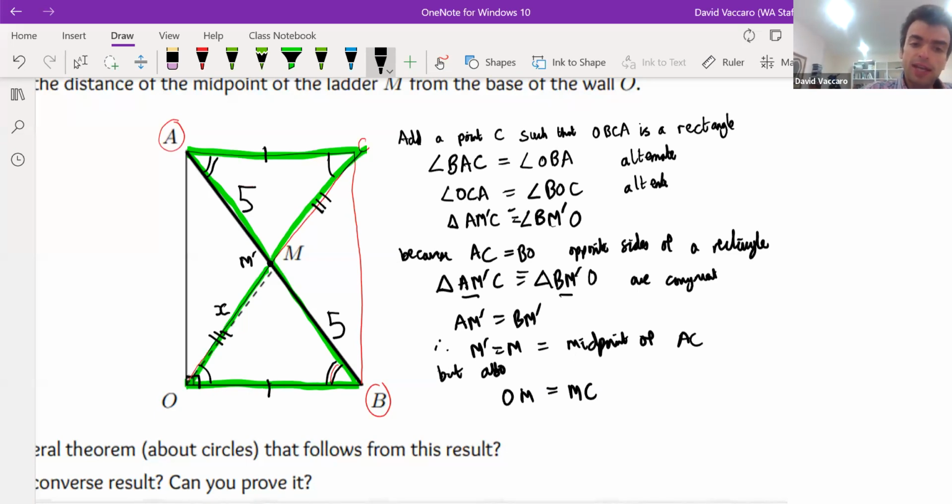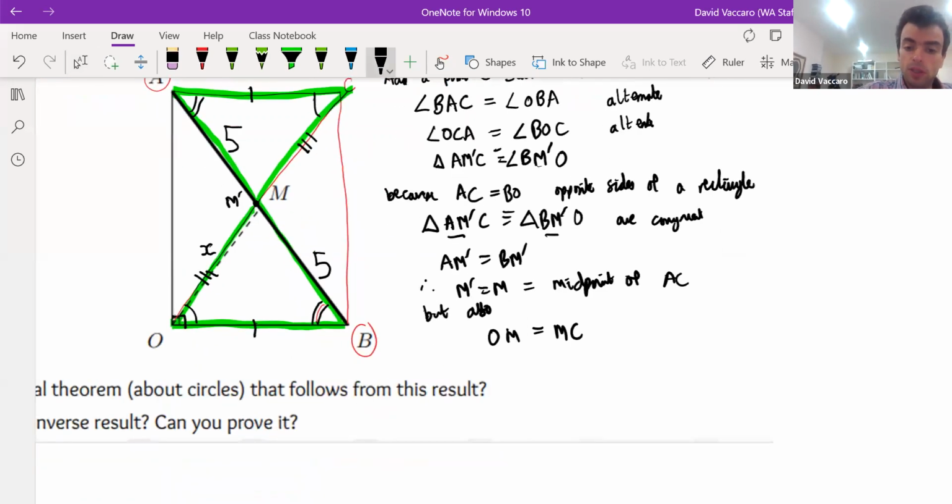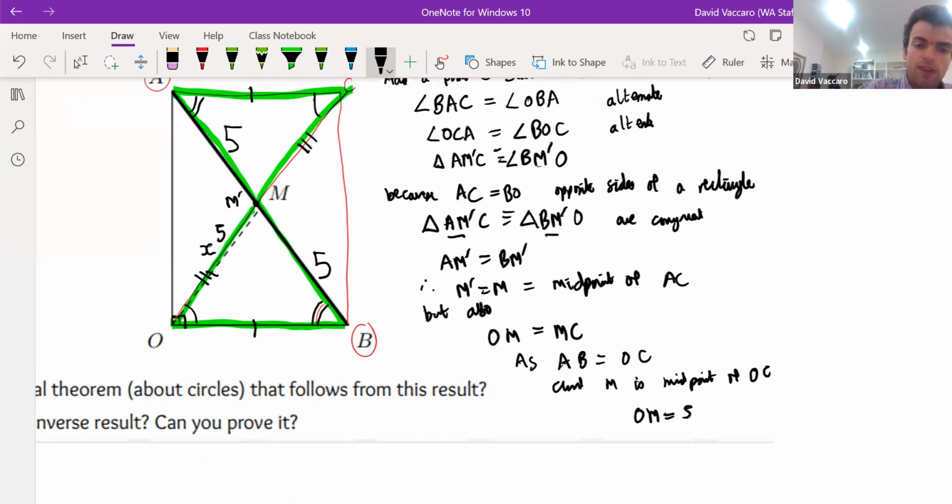So because this diagonal OC is equal to this diagonal AB, as AB is equal to OC, and M is the midpoint of OC, we have that OM is equal to 5. So this length is 5, and this length is 5.